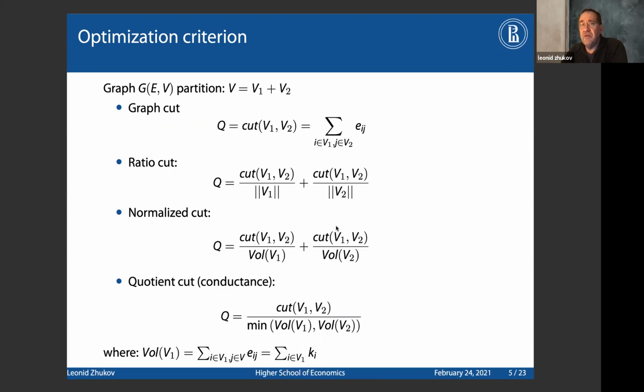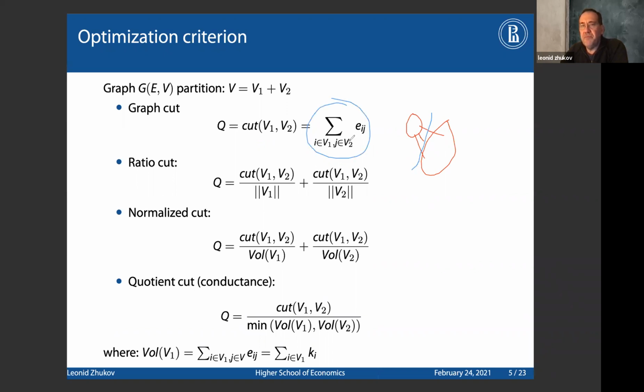Two sets of nodes, V1 and V2, we can define just the graph cut. And I just explained to you that the graph cut by itself is just the number of edges that connect one partition with another partition, right? So if we have this one partition, another one, and there were some edges connecting them, and then we cut it, well, that's the size of the cut.